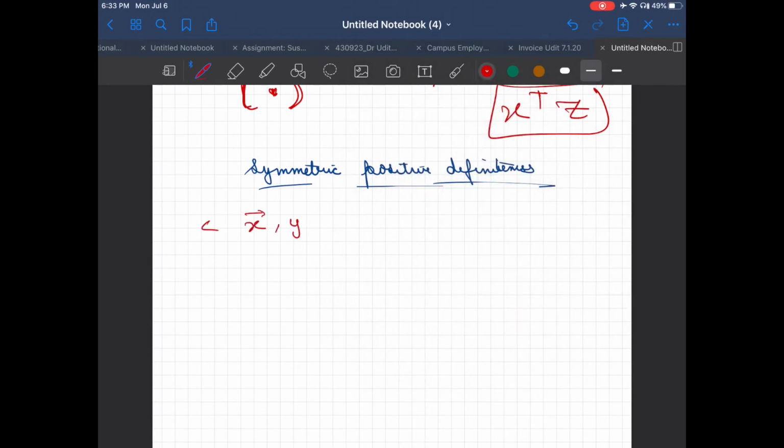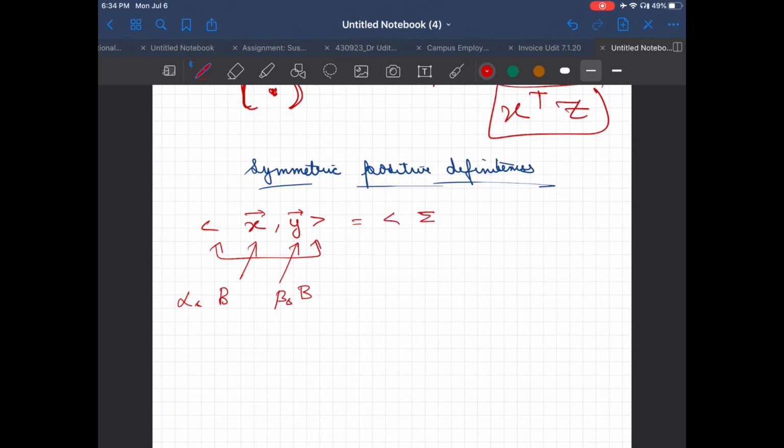Now we learned that if we have two vectors, vector x and vector y, we can represent their inner product by this particular notation. And if we know that x is expressed with respect to some basis, y is expressed with respect to some basis, and the coordinates of x with respect to basis b are represented by alphas, and coordinates of y with respect to the same basis are represented by some betas.